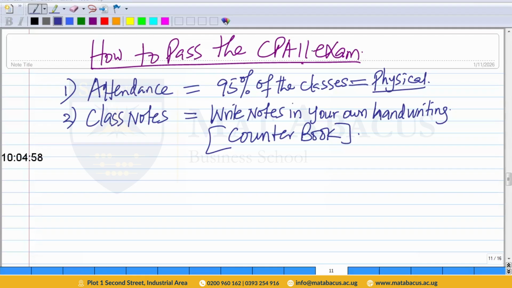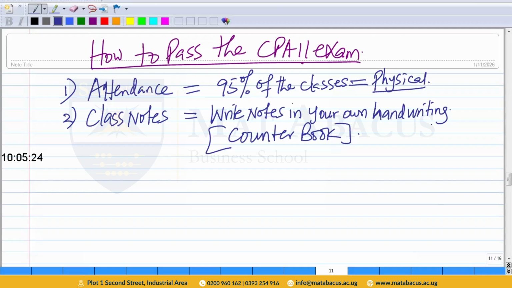We normally have classes on weekends, mostly on Sundays. There are some that are scheduled for Saturdays, but we have one class every week. One class is either on Sunday or Saturday, depending on the timetable. So you can pick that and you get up to date.